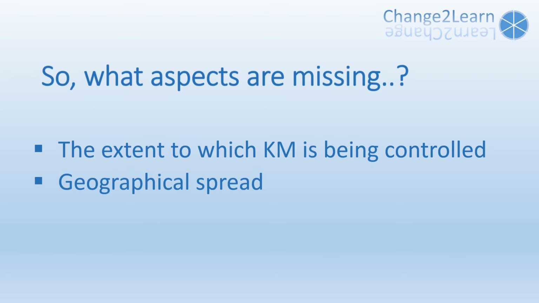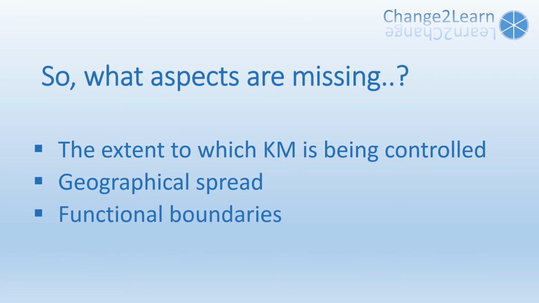Secondly, what is the geographical spread of your knowledge management implementation? Is it a local implementation? Or does it cover the entire organization, worldwide, with multiple locations? Again, a factor which will affect the process of collaboration, but also impacts your technological choices.